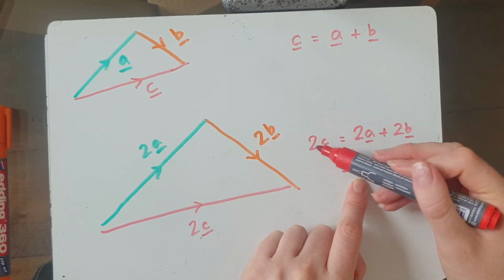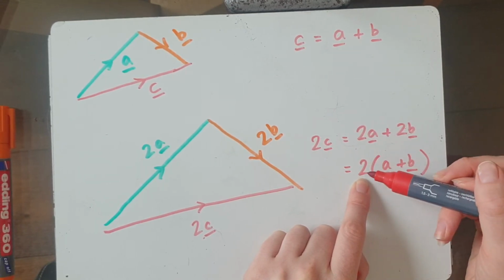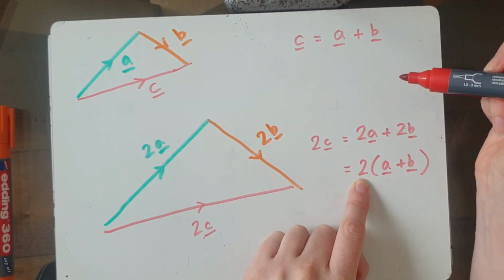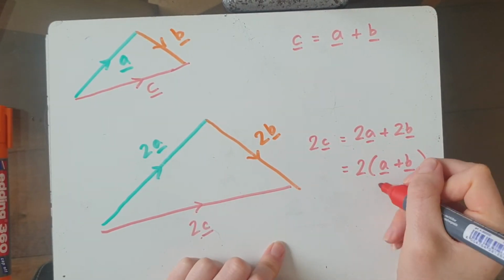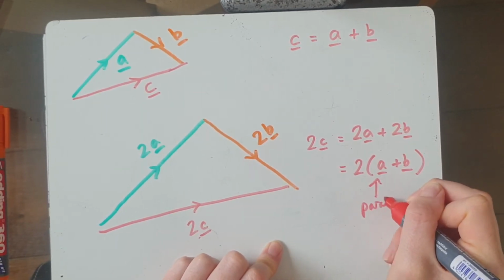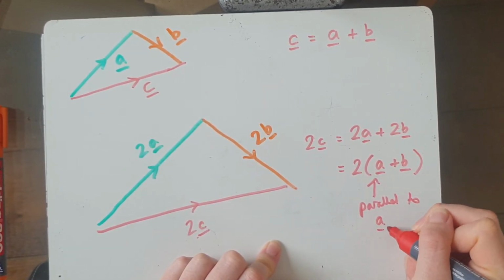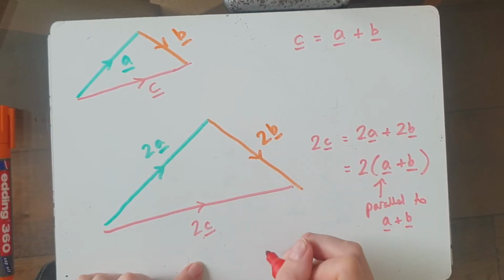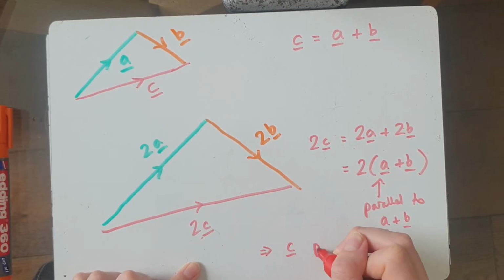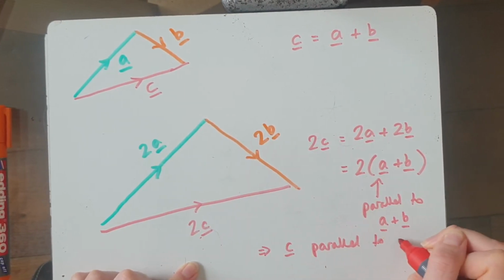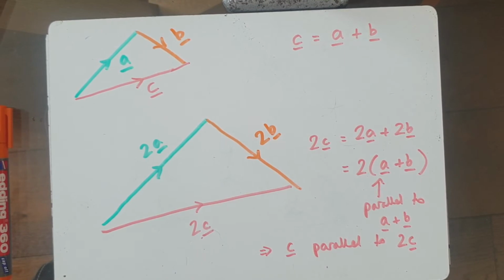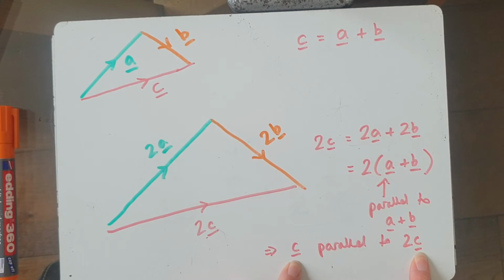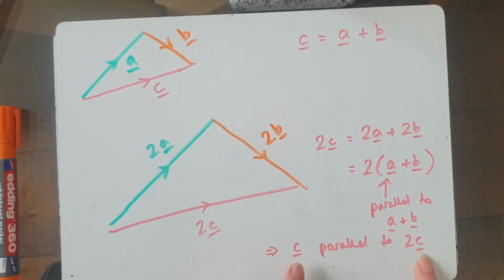If a vector, so 2C, is a multiple of another vector, so A plus B, then that means they are parallel. So this is parallel to A plus B, because it's 2 times A plus B, which means that C is parallel to 2C. Now we would expect that anyway, because 2C is clearly a multiple of C, so they are parallel.